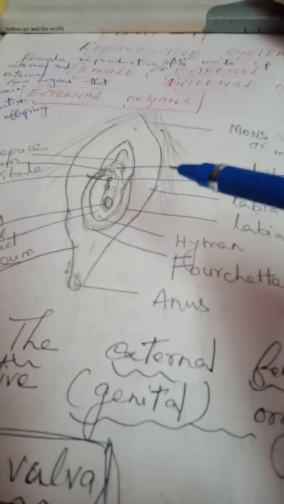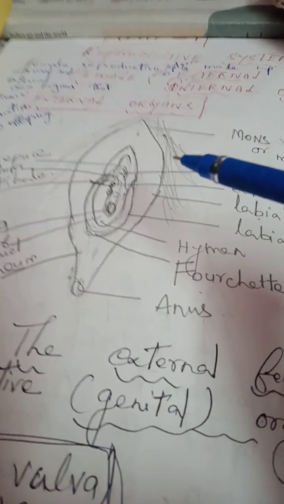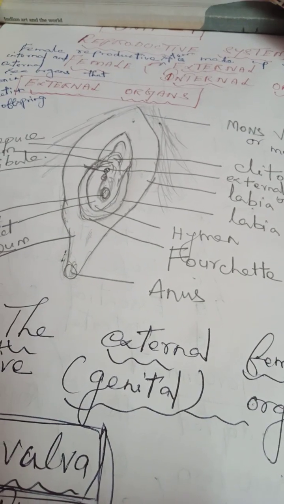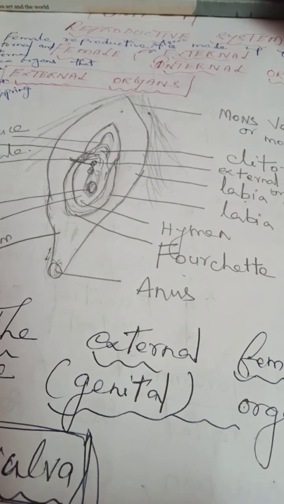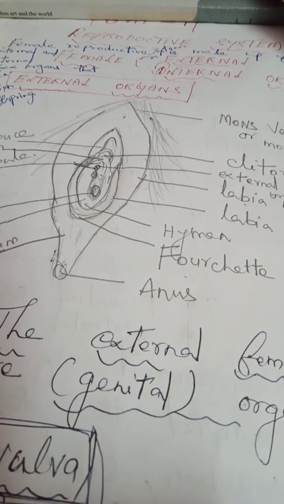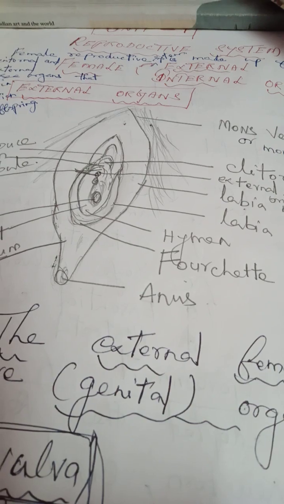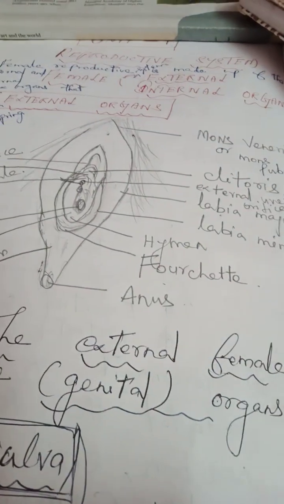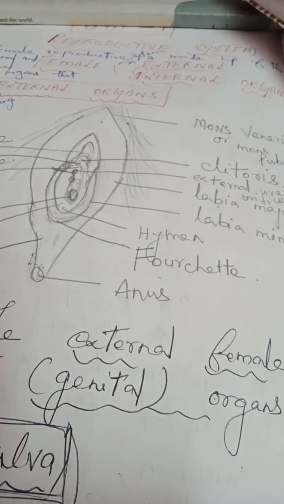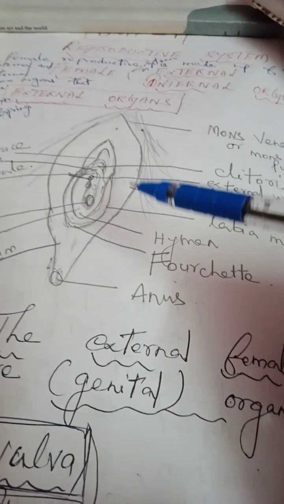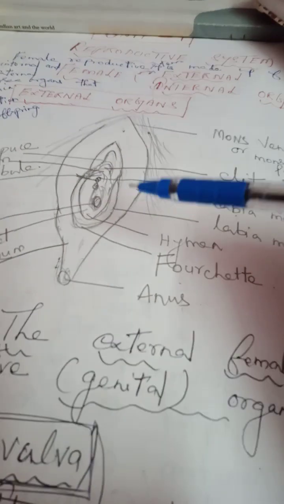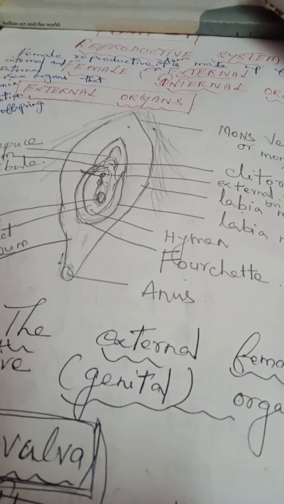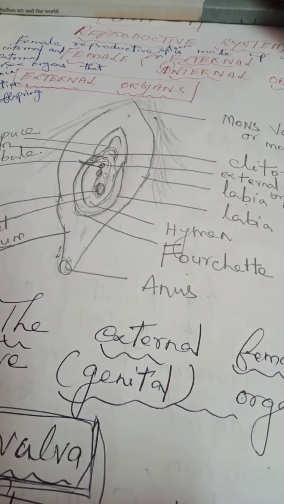The urethral orifice lies 2.5 centimeters posterior to the clitoris. On either side lie the openings of the Skene's ducts.